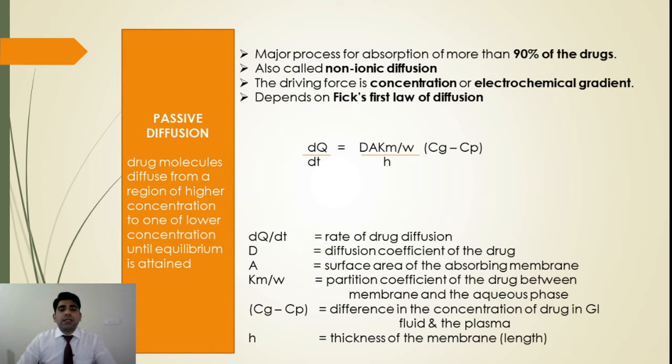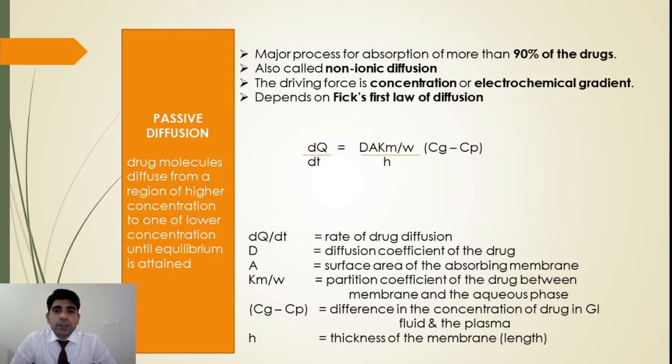So let's see passive diffusion. This is the first part of passive transportation. Now we will discuss passive diffusion. Passive diffusion is the major absorption process because it is responsible for the absorption of 90% of drugs.